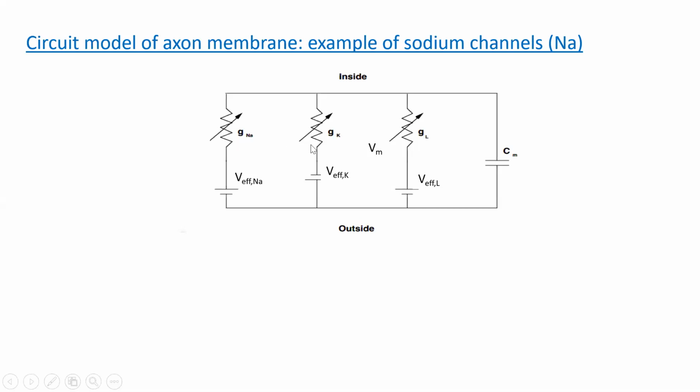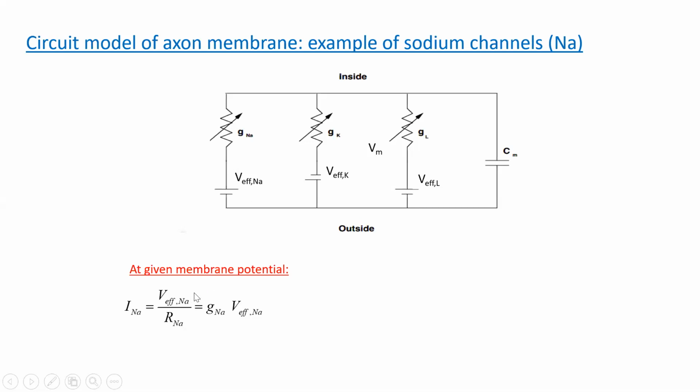Okay, so there's three types of channels, so there's three wires, each with their own effective driving potential, with the ability to change the charge on either side of the cell membrane. So at a given membrane potential, let's say we've fixed the membrane potential, the sodium current would be the effective sodium driving potential over the resistance of the sodium channel.